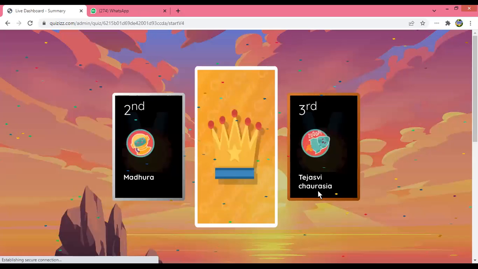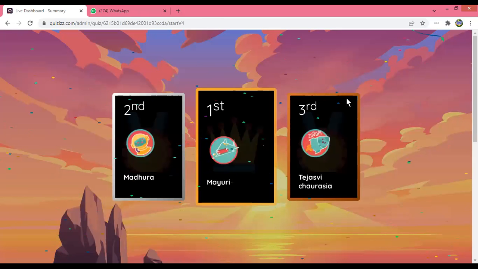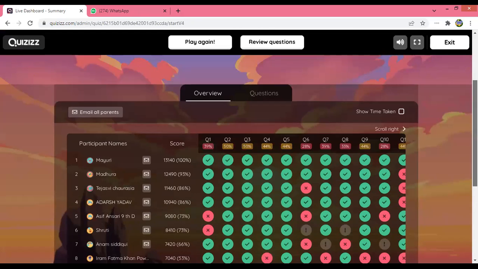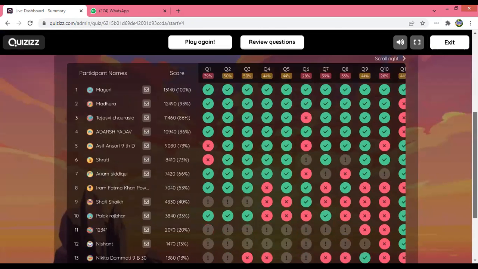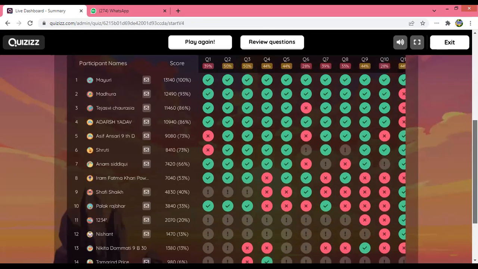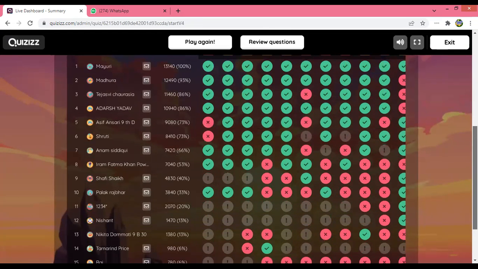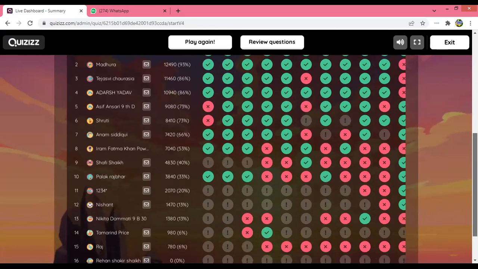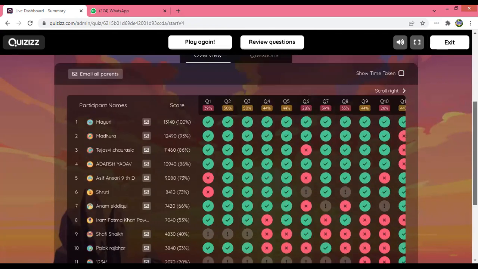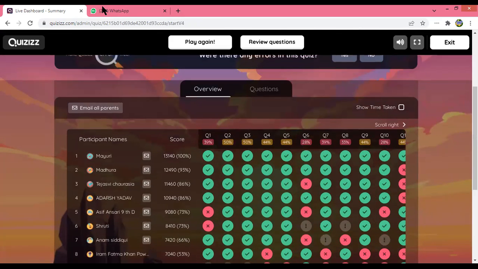So third, Tejasvi, second, Madhura, and first, Mayuri. Congratulations, well tried. For those who were there, just check your names here. Mayuri, Madhura, Tejasvi, Adarsh, Asif, Shruti, Anam, Iram, Shafi, Palak, very good. Nishant, Nikita, good. Okay, at least you tried. Maybe there were some connection errors.